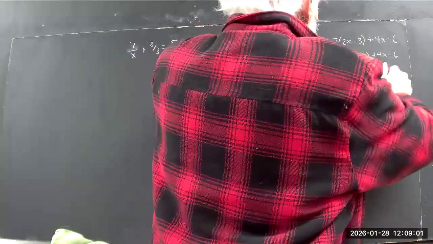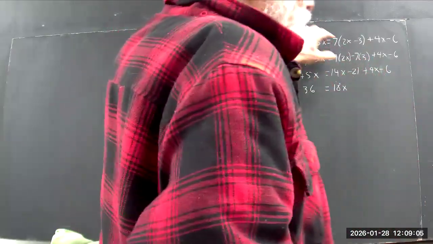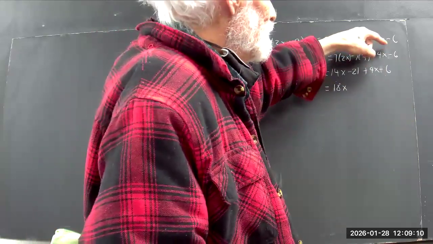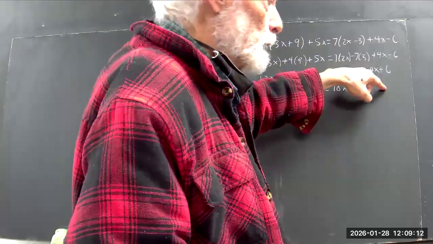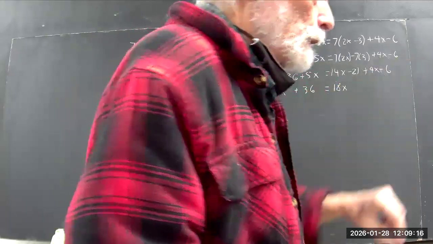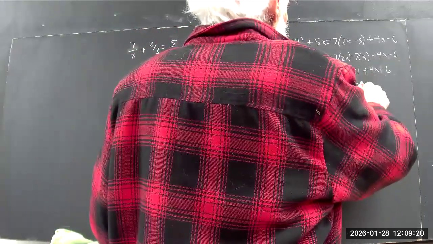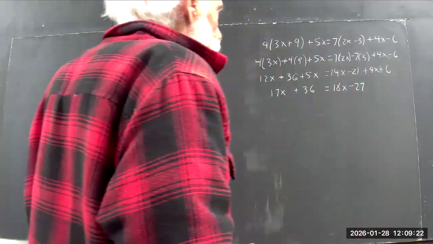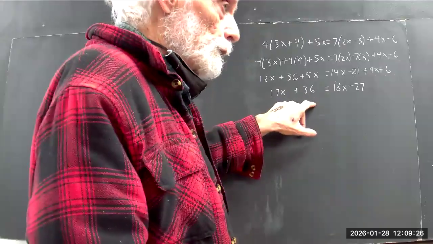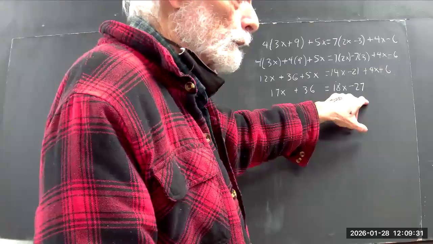I did this in my head a while ago, and I got what I think is the right solution, but we'll see. So I wrote a plus where I should have written a minus, but now the right-hand side ends with a minus 6 in both cases. We have minus 21 minus 6, which is minus 27. So I believe we have 17x plus 36 on the left and 18x minus 27 on the right.